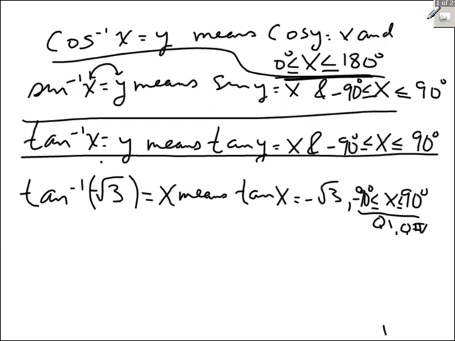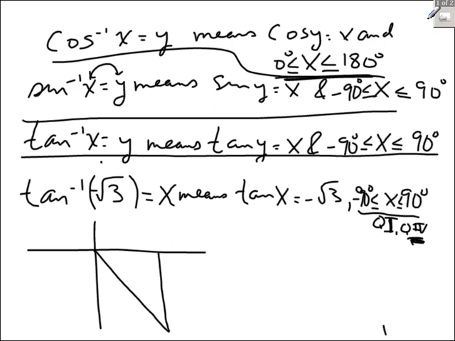Negative 90 to 0 is quadrant 4, and 0 to 90 is quadrant 1. Since it's negative, we're in quadrant 4. All trig functions allow quadrant 1. Everything is positive in quadrant number 1. If you want negative, you're in that other quadrant, quadrant number 4.